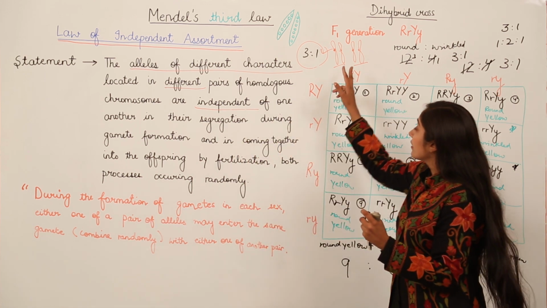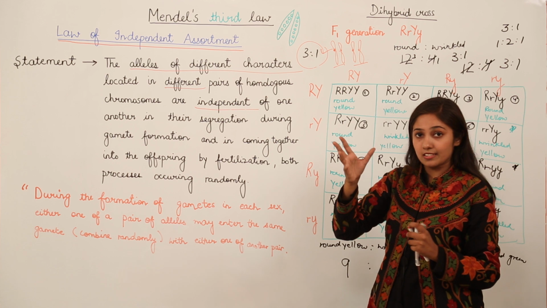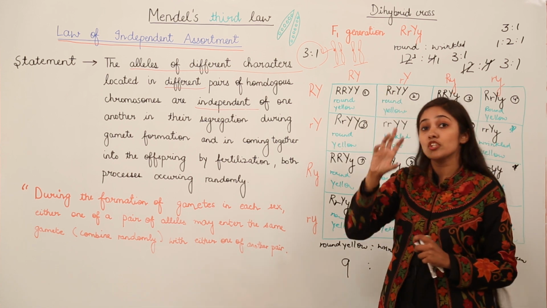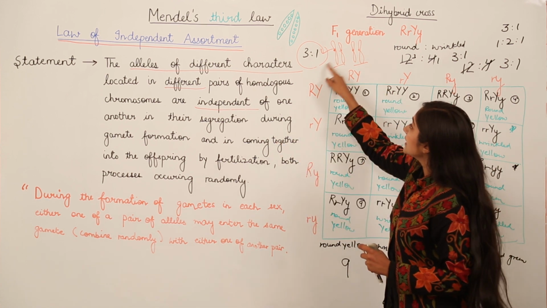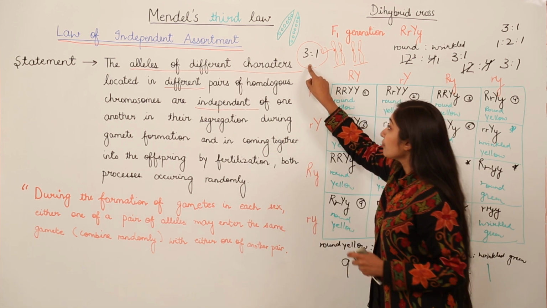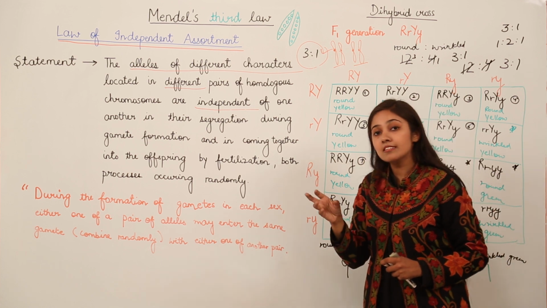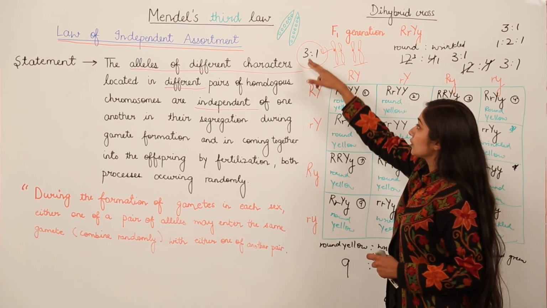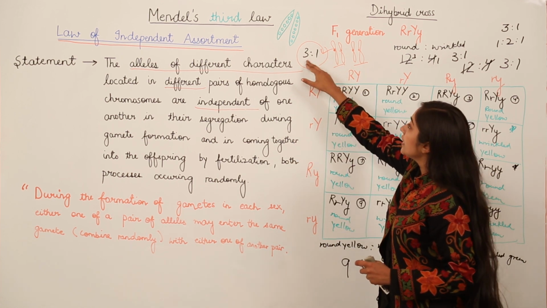So when we separated the characteristics, we compared the seed shape, round or wrinkled, we had this simplest ratio again, which was the same as in the monohybrid cross. When we compared the color of cotyledons, yellow is to green, we had 3:1.